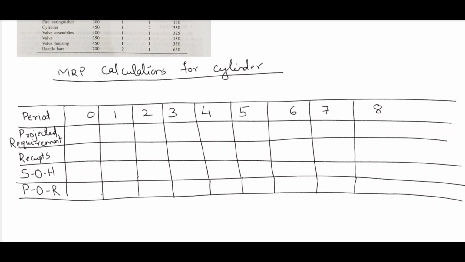For cylinder. And I've already told that the projected requirements of the cylinder and the valve assemblies are the same as the planned order releases of the fire extinguisher. If you see the previous video, you can find the planned order release of the fire extinguisher.